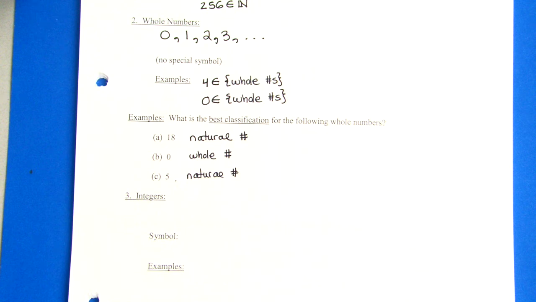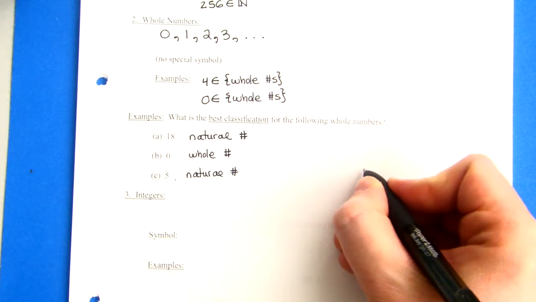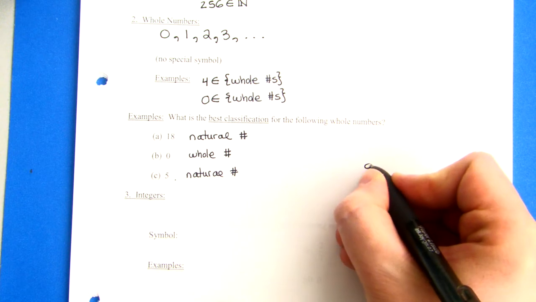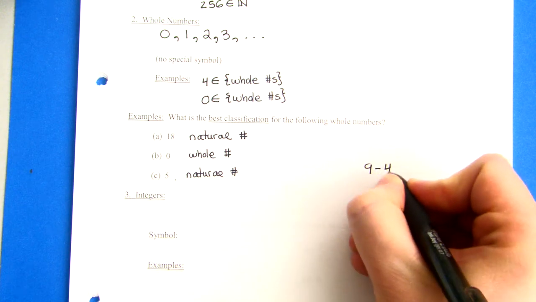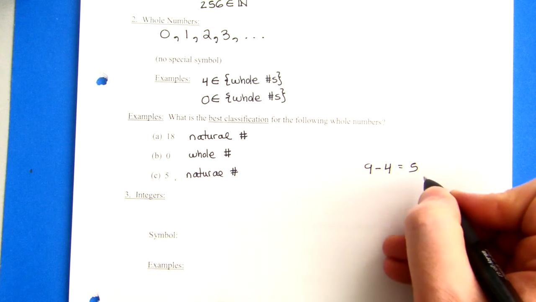Now, again, we can do any addition problem, any multiplication problem, but we've got an issue with subtraction. I can take two natural numbers or two whole numbers and subtract them and get another natural number or whole number. For example, if I do the problem 9 minus 4, I get 5. Natural number minus natural number gives us natural number.